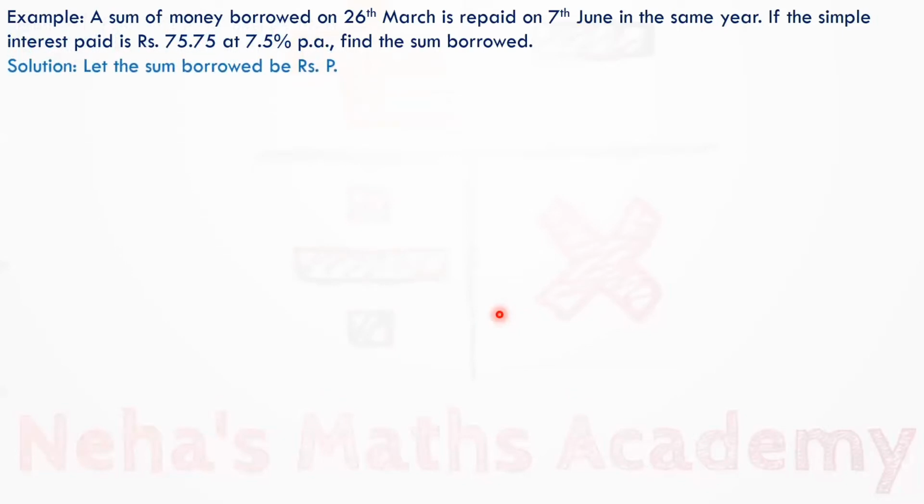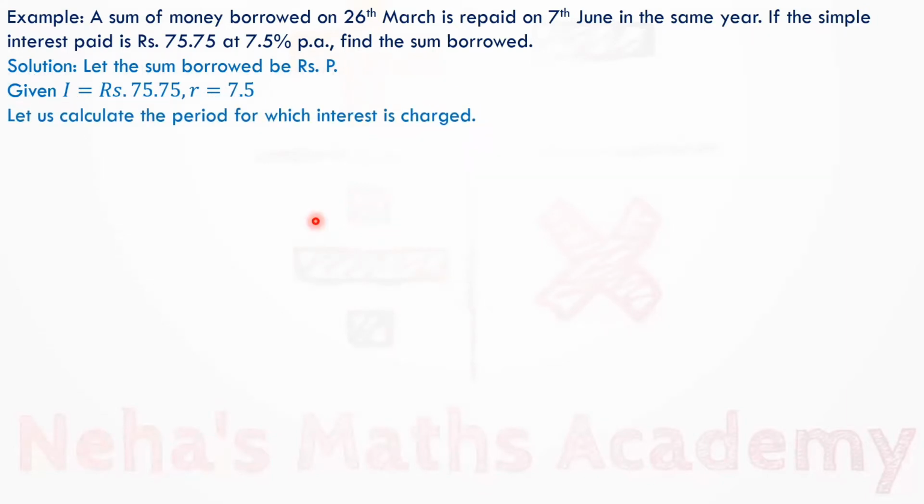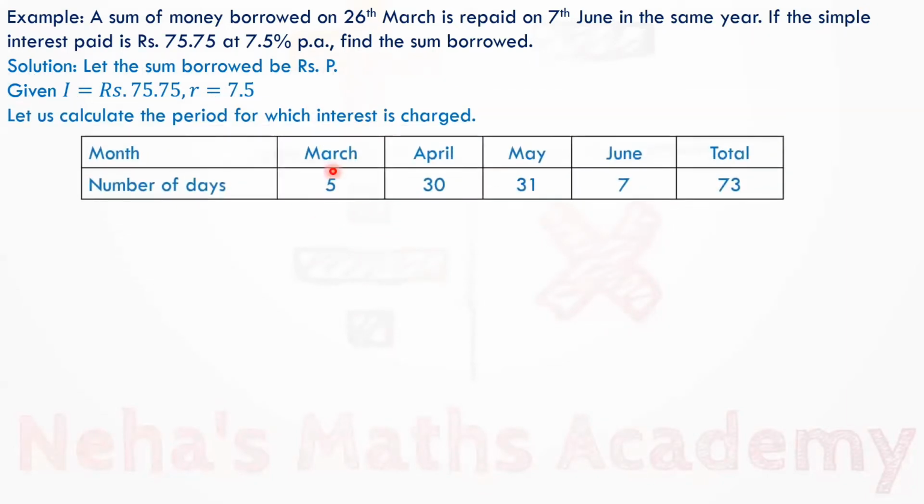Let the sum borrowed be rupees P. And we have given interest is rupees 75.75 and rate of interest is 7.5% per annum. Let's calculate the period for which interest is charged. For month March, 5 days, April 30, May 31, June 7. So total 73 days. Means we have to calculate interest for 73 days.